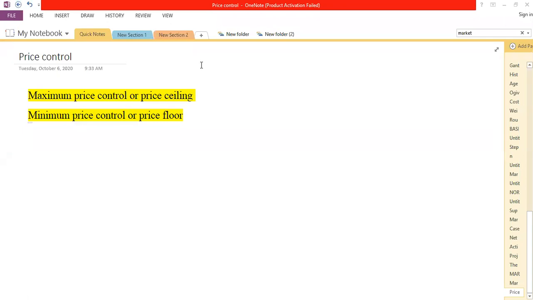Because we cannot sell the product below that price. Basically, this price will be aimed at helping those producers whose prices are very low in the market for their products. The government may wish to support them. If your commodity is fetching a poor price, to help have an increase in the price of such a commodity, the government may consider a minimum price control.